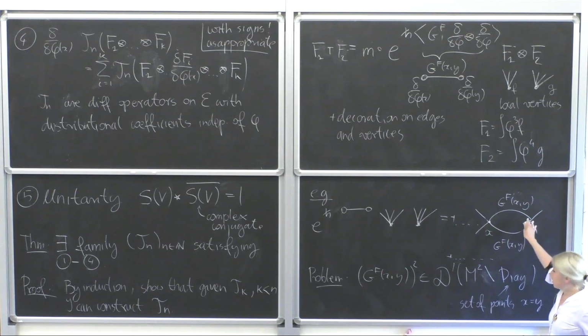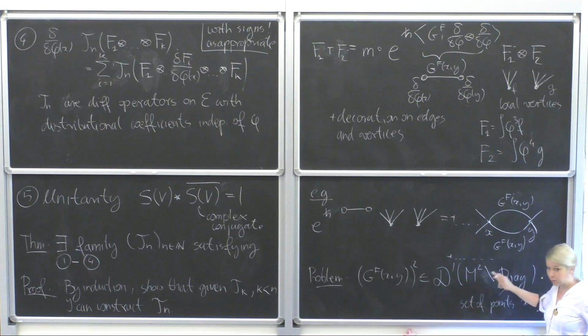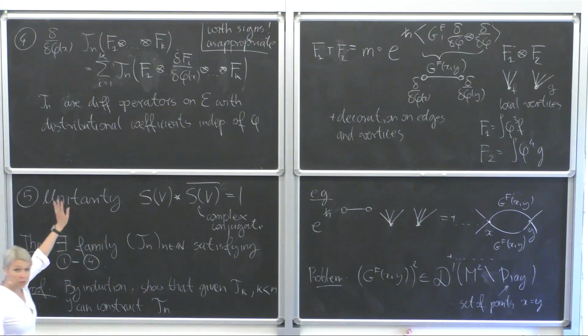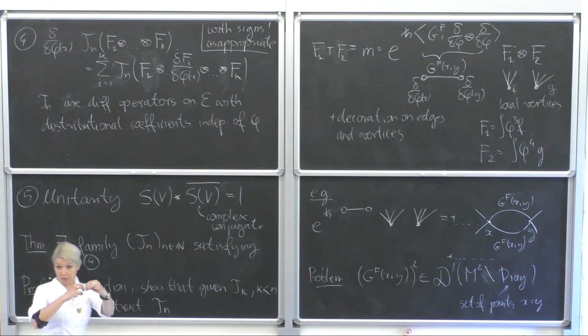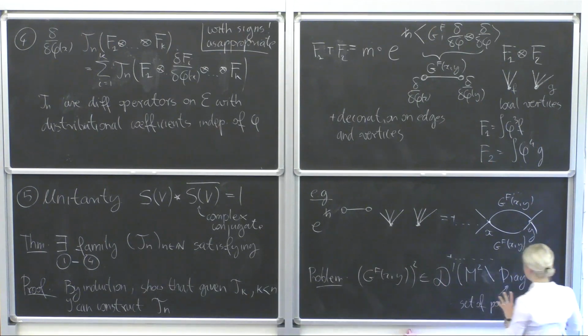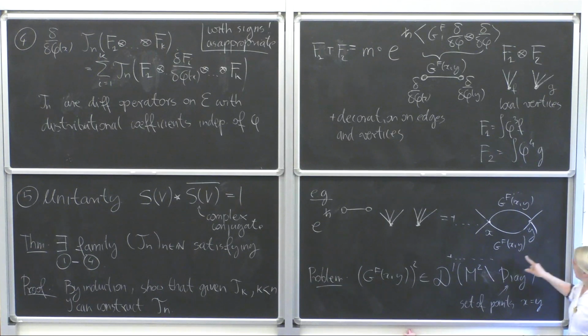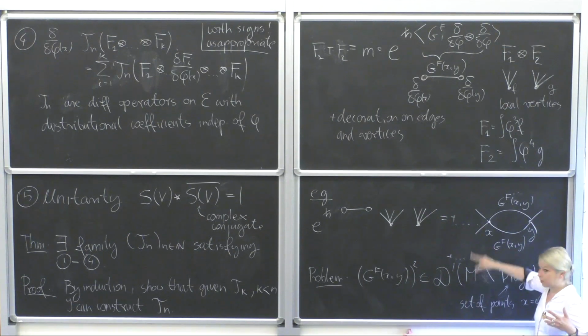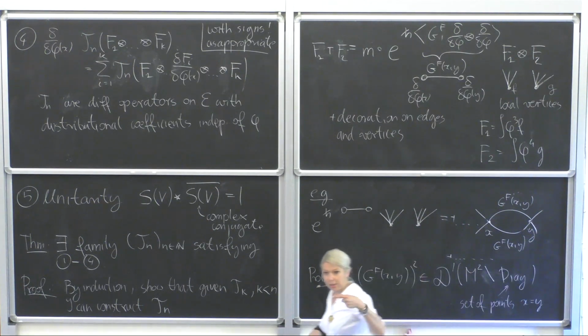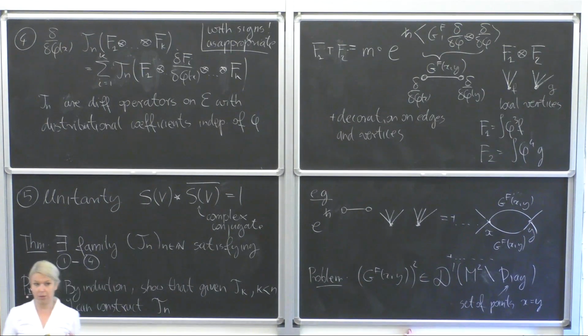So I can understand this as a distribution on M squared minus the diagonal. So in other words, coming back to this general story, as long as the supports are disjoint, I'm fine. So now my mathematical problem is, how do I extend this to a distribution that is defined on M squared? So that's the induction step of Epstein-Glaser, is to be able to construct those extensions.